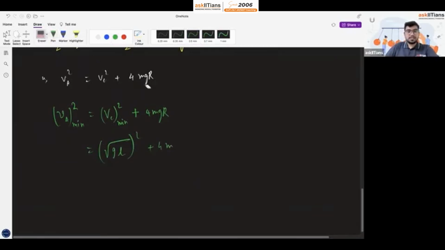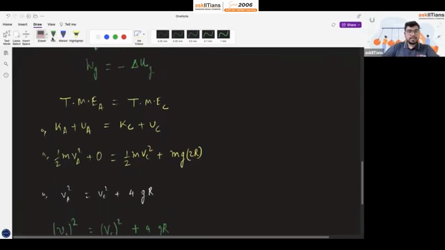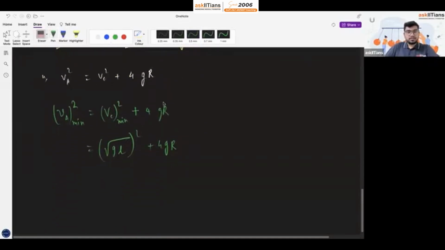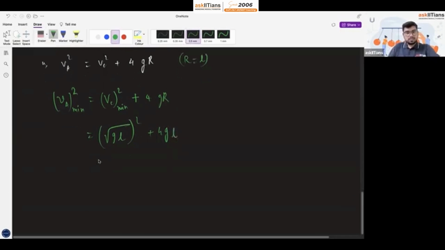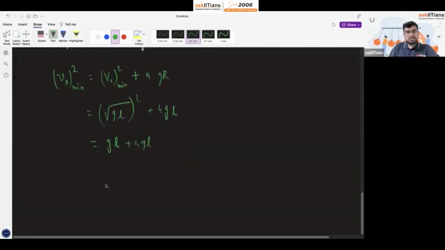I have cancelled out the mass, so there's no mass remaining here. It's just going to be 4g into r. By the way, here r is nothing but L. Here the radius is nothing but L, so I'll just substitute it here as L. Finally, what we are getting is gL plus 4gL, which is 5gL.